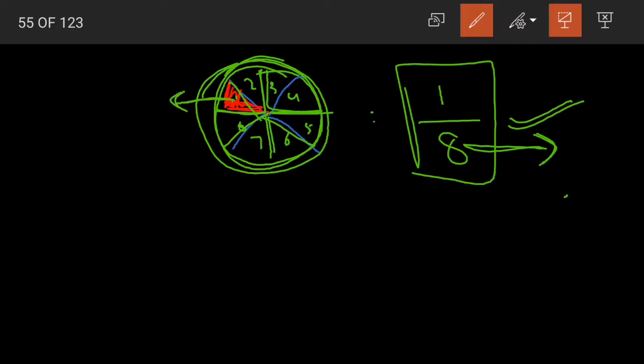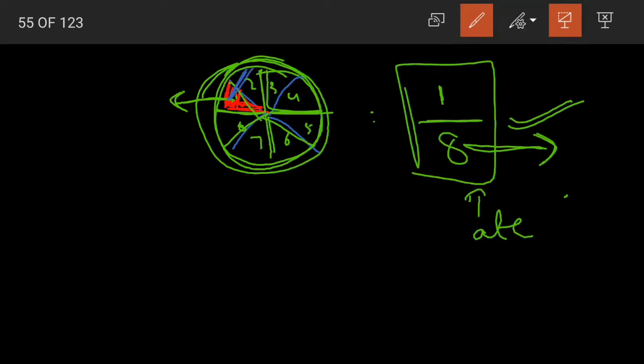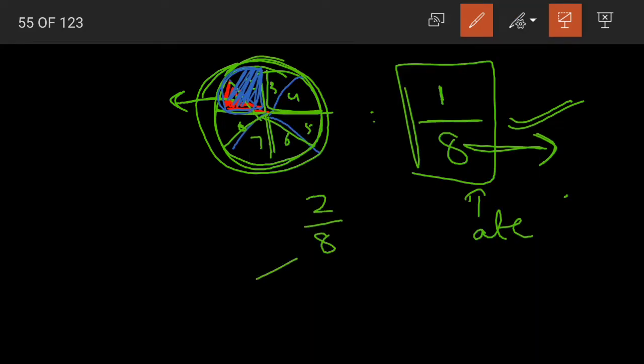Anil ate only 1. So 1 by 8 is the fraction of the part that Anil ate. How many parts did Anil have with him? Anil had 2 parts, that is 2 by 8, but he ate only 1 by 8.